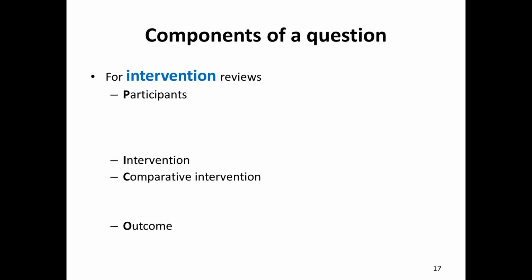For reviews of interventions, hopefully you're very familiar with the PICO structure. The P for participants, the I for interventions, the C for comparison or comparative intervention, and the O for outcome. And this structure has served us very well in trying to think through how we identify the important parts of a question.